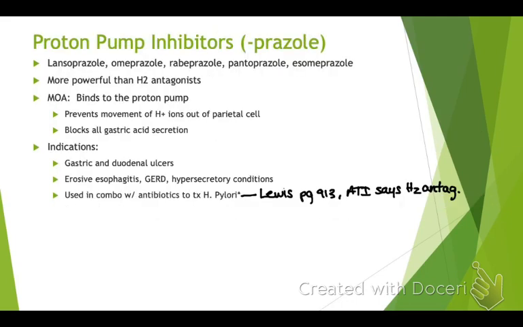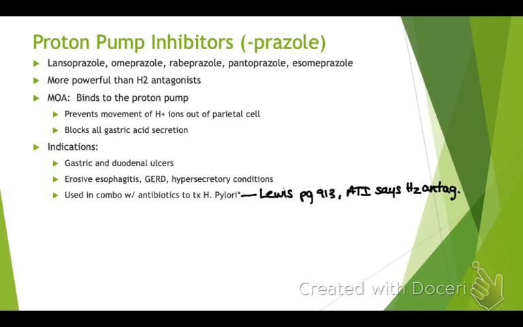So then we have your proton pump inhibitors. These are meds that end in prazole. So your suffix of prazole are your proton pump inhibitors, like your lansoprazole, your omeprazole, your rabeprazole, pantoprazole, and your esomeprazole.